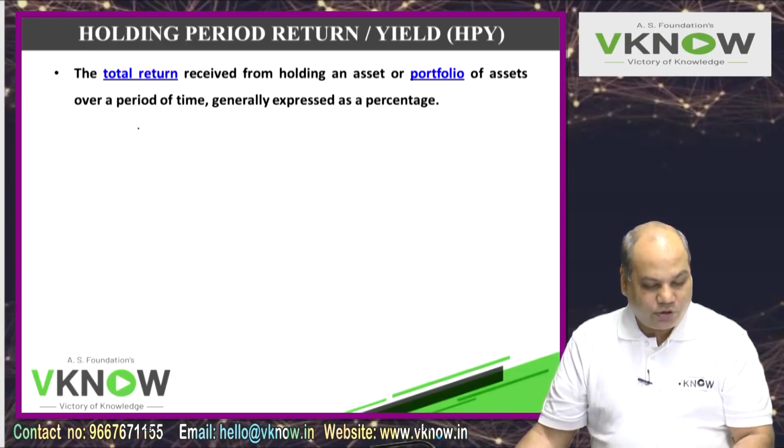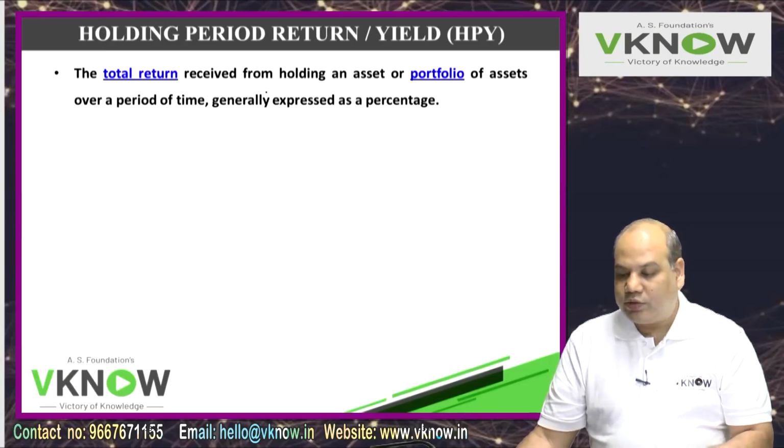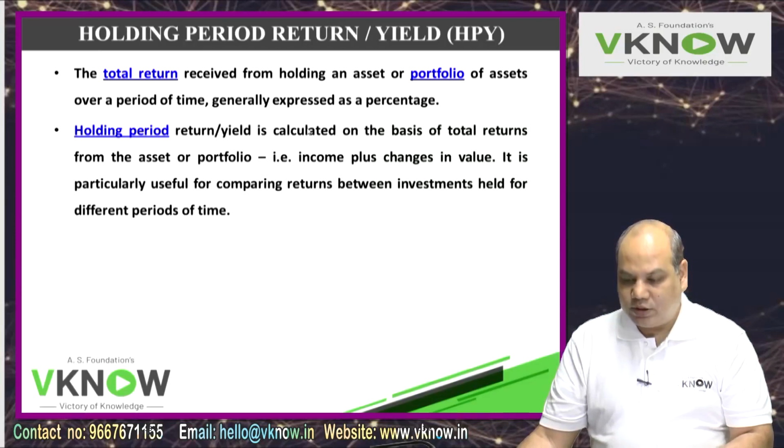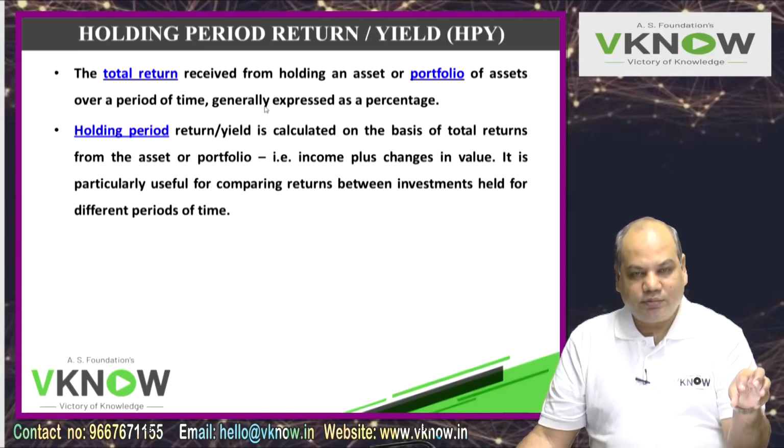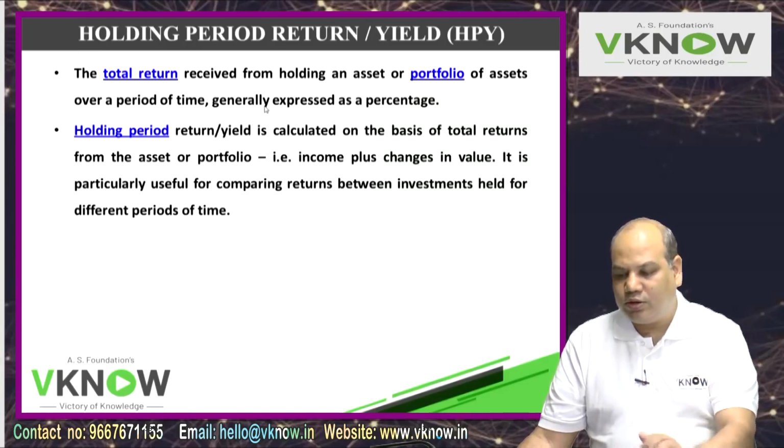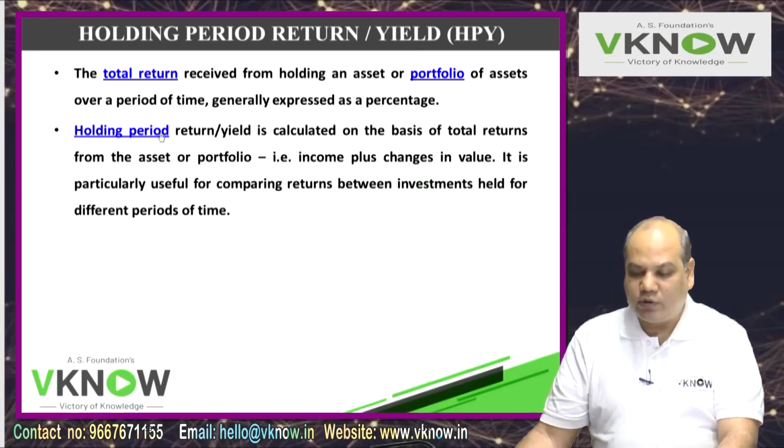Let us now first read: the total return received from holding an asset or a portfolio of assets over a period of time, generally expressed as a percentage. We want to note that during the period when we were holding the asset or investment or bond or share, how much rate of return we have earned.